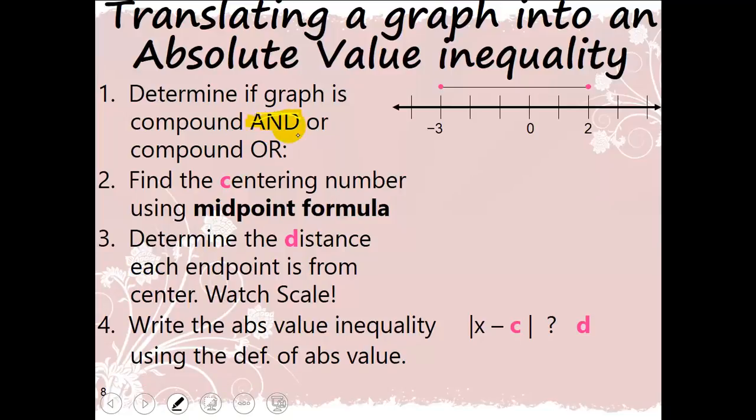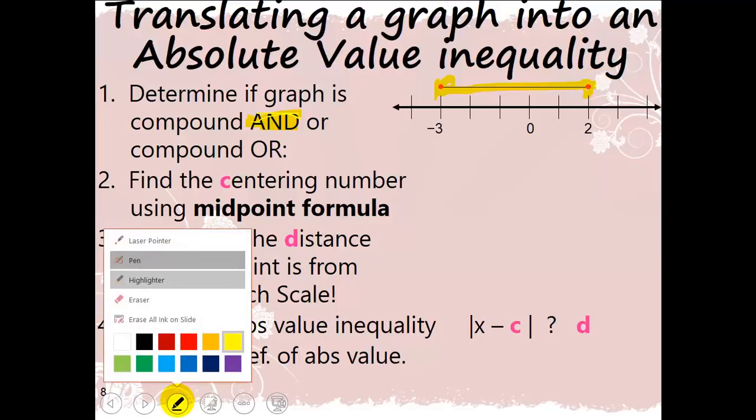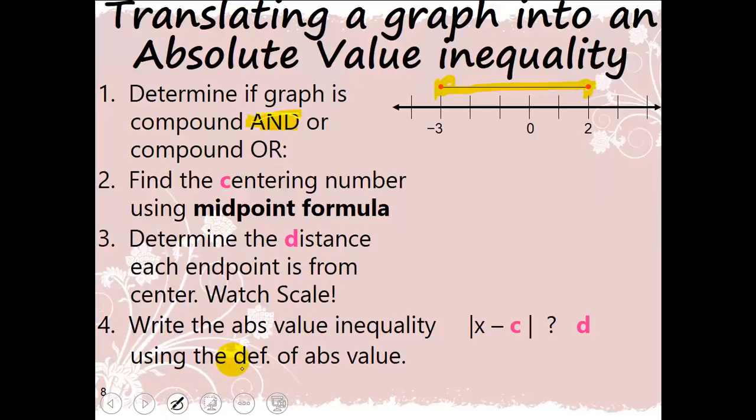If you have 2 endpoints and a line in between, you have to have an and. Then we're going to find the centering number. Basically, you're going to find the midpoint between those endpoints. So you add your endpoints together and divide by 2. You're going to find that average.